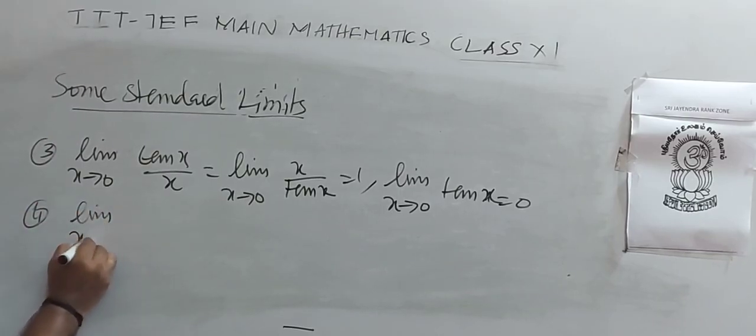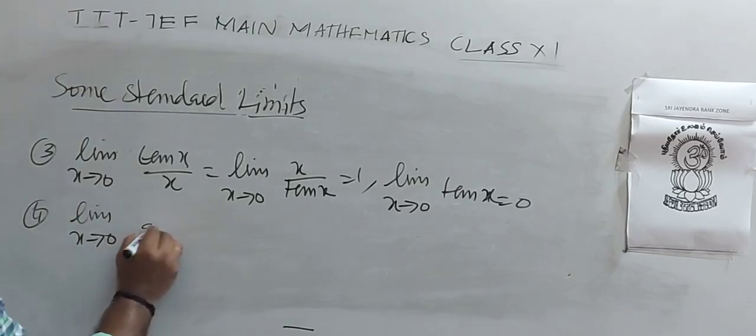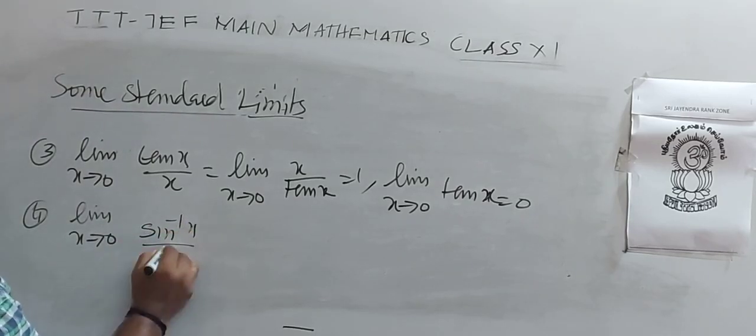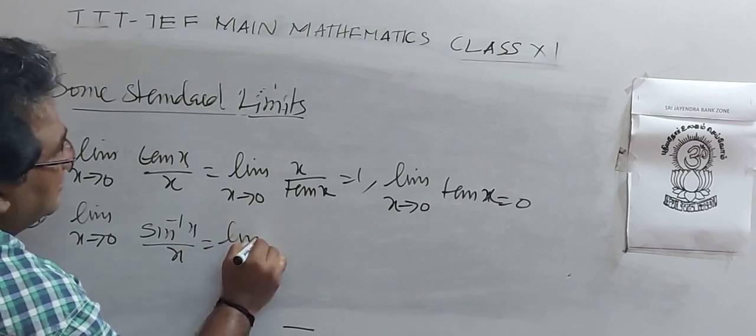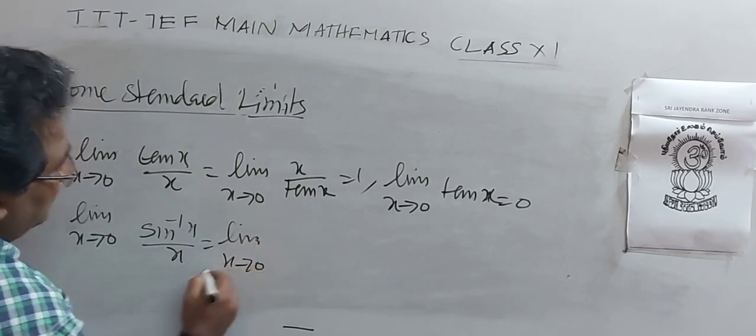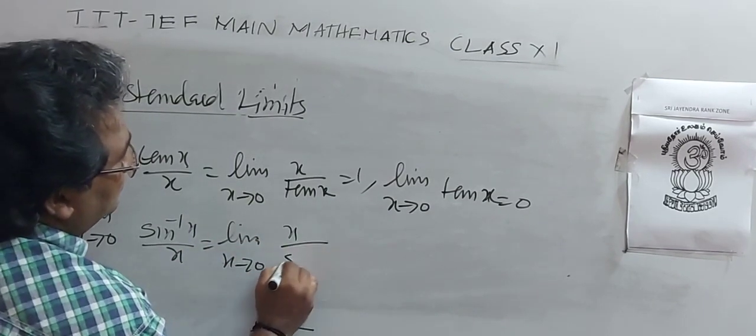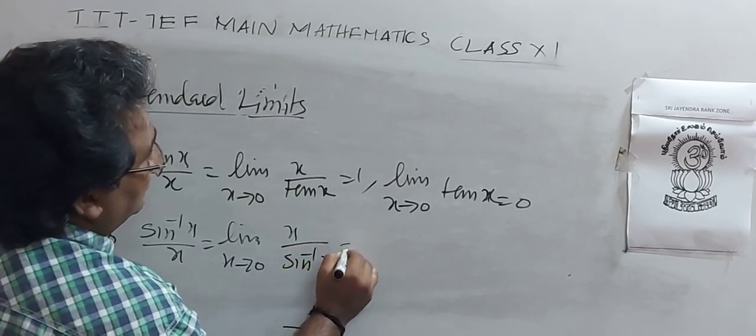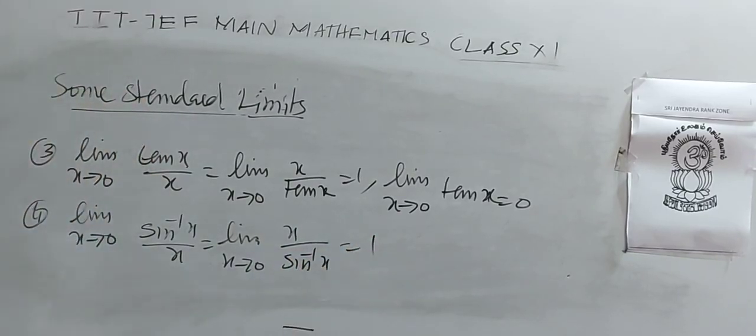Limit x tends to 0 of sin inverse of x by x equals limit x tends to 0 of x by sin inverse of x equals 1.